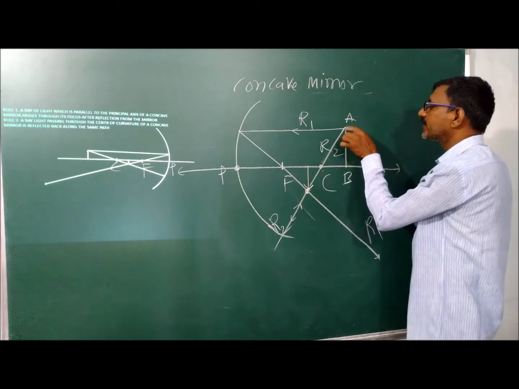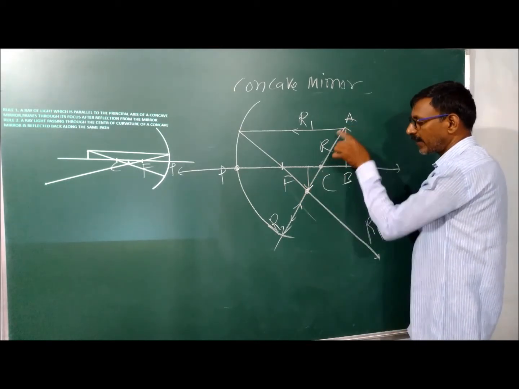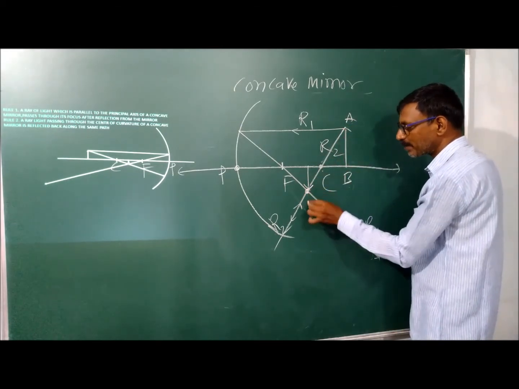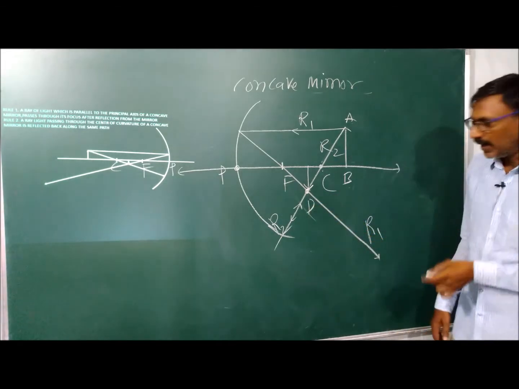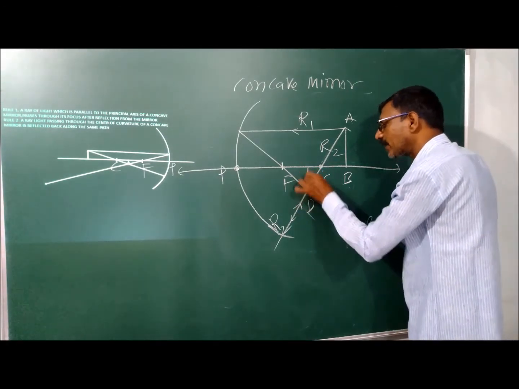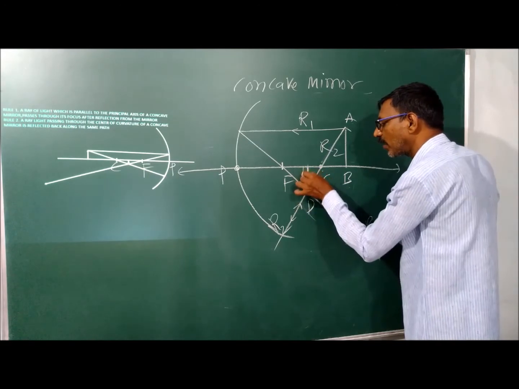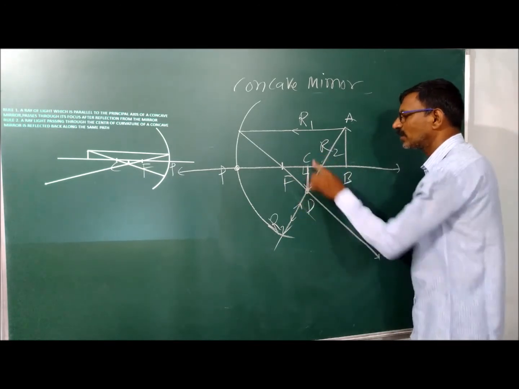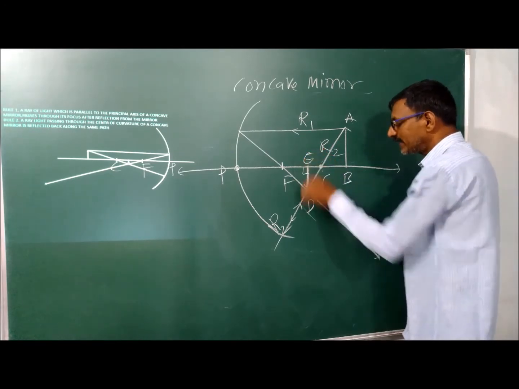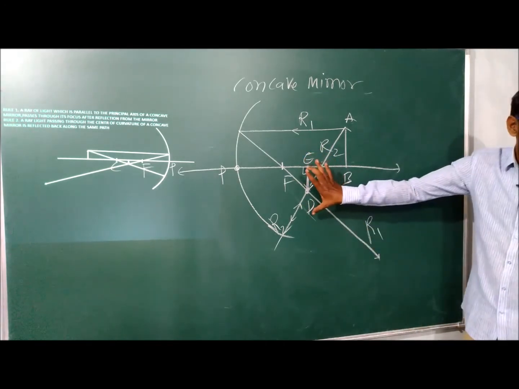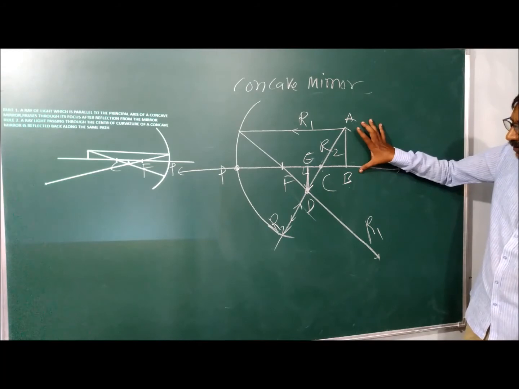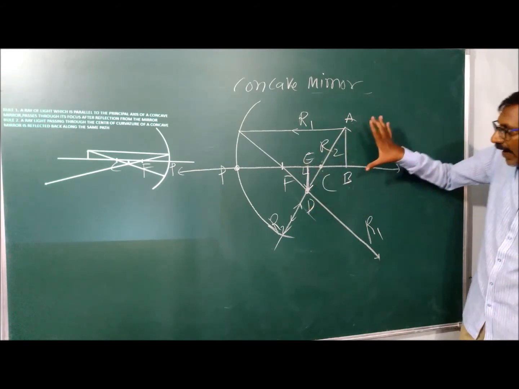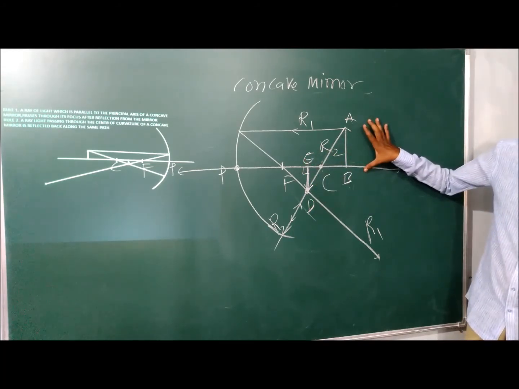My head at A, here at some point D. This is a perpendicular line drawn to the principal axis. Name it E and D. ED is my image and AB is my object.